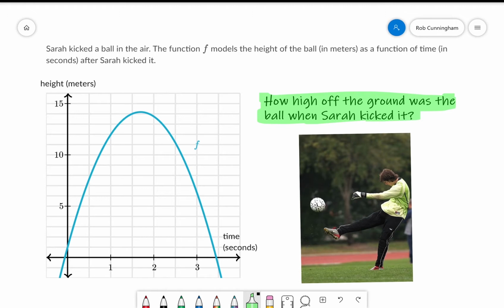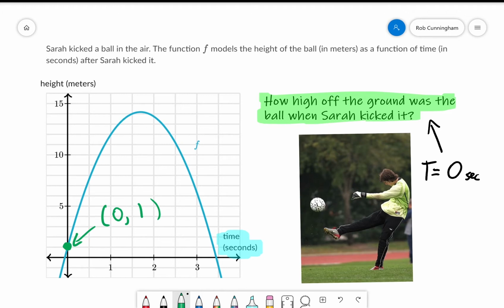Instead, it's saying how high off the ground was the ball when Sarah kicked it. Well, since we start the timer when she kicks the ball, time is going to equal 0 seconds at the moment that she makes contact with the ball. So again, we are looking for the y-intercept. Looks to me like the y-intercept is right there, and it looks like it is (0, 1).